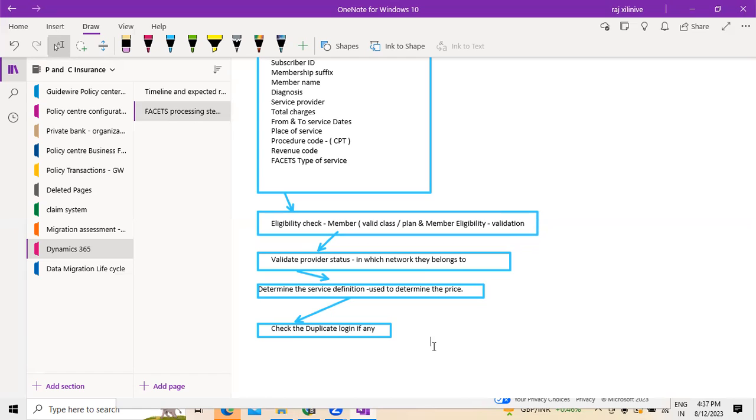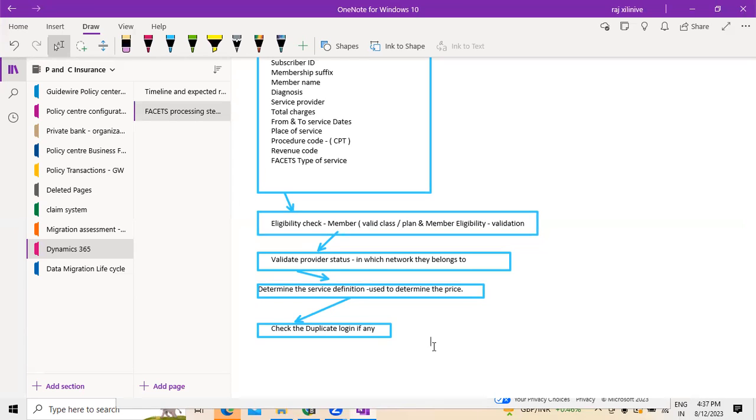So before you are sending this to the payer, it is always important for us to cross check through the claim scrubber. This is where the context of the claim scrubber comes into the picture. In the claim scrubber, we have to see whether the claim is valid or not, and to what extent.